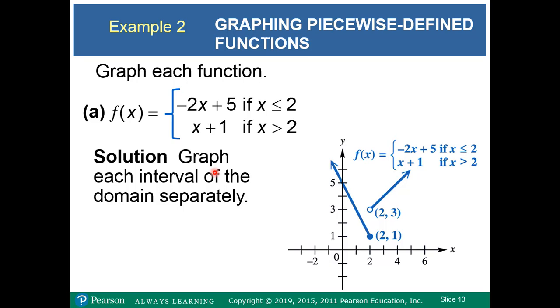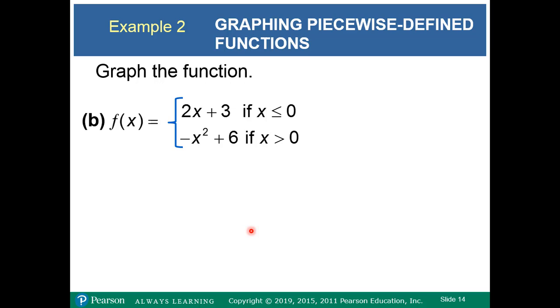No, it's not continuous. It's defined for all values of x, but it is not continuous because remember, continuity means that we are able to sketch this graph without ever lifting our pencil off the paper.